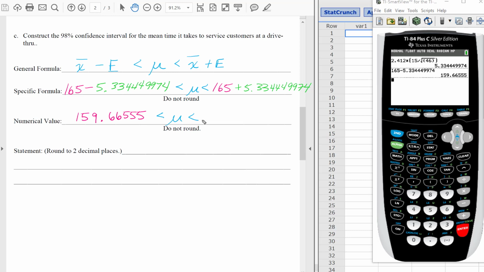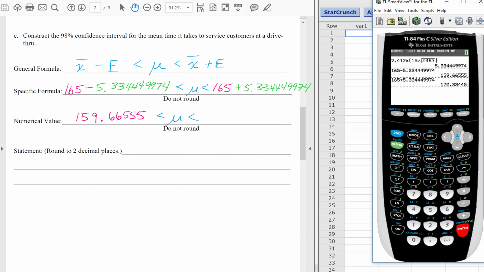And our upper boundary, so we use the calculator again. I can type in the same thing except go to addition. 165 plus 5.33449974.